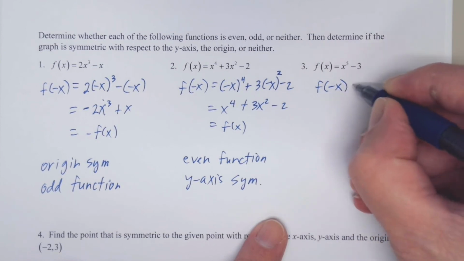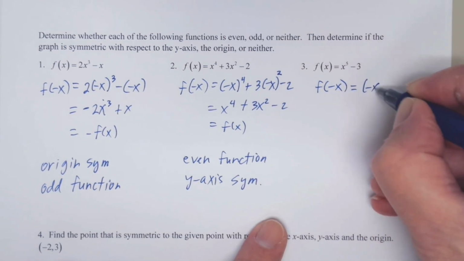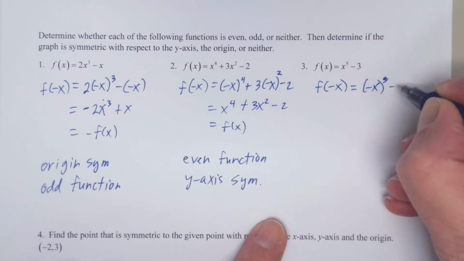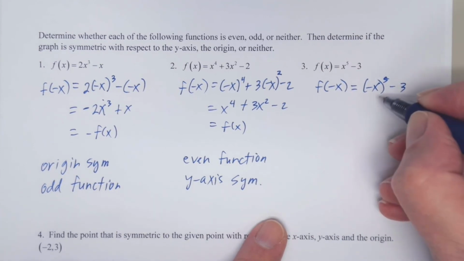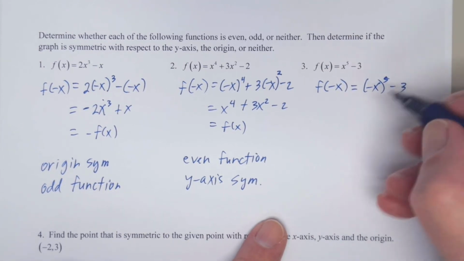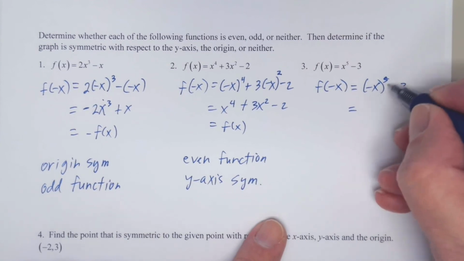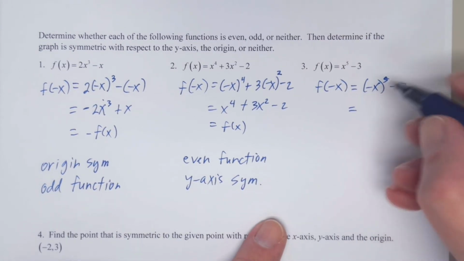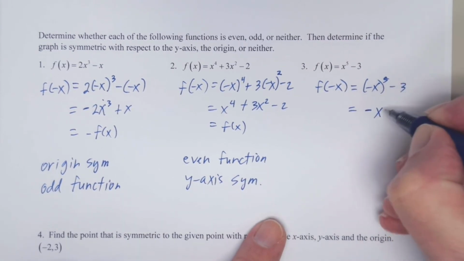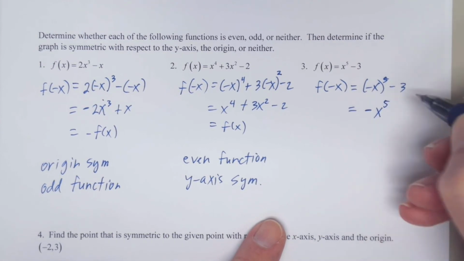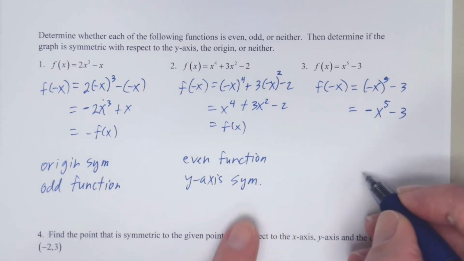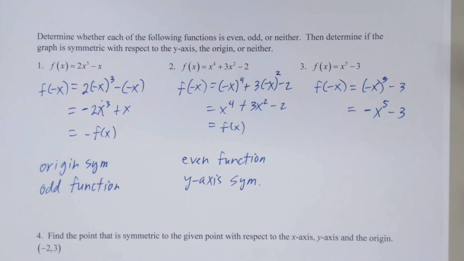All right, let's see how you did. So when I plug in minus x for x, if you multiply 5 of these minus x's, you're going to get a negative number, and 5 x's multiplied is x to the 5th. So we get minus x to the 5th minus 3.